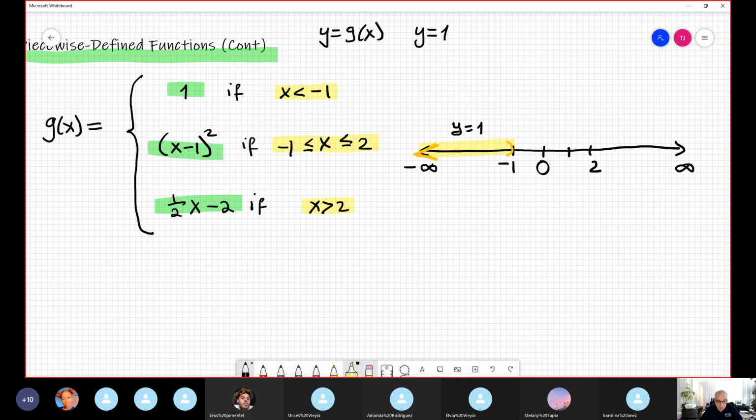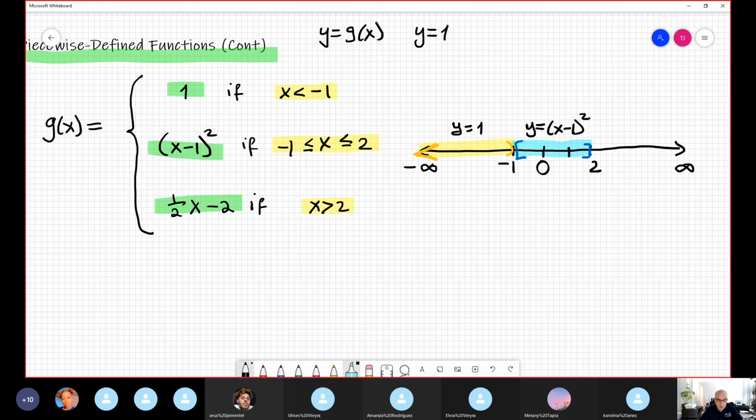However, the second interval is, let me change the color, maybe blue is good. And this interval goes in between -1 and +2. In this case, including -1 and including +2, the formula associated is y equals (x minus 1) squared.